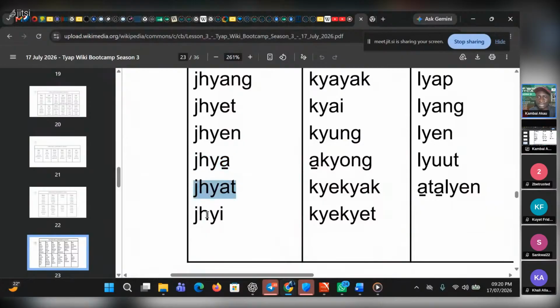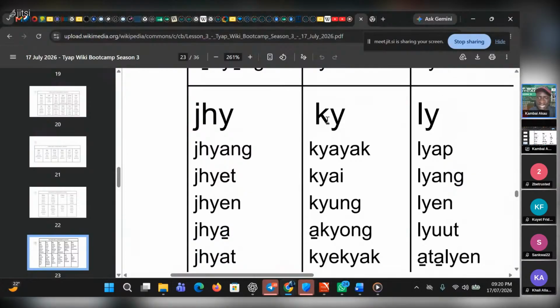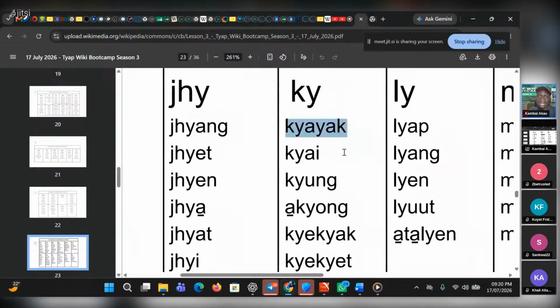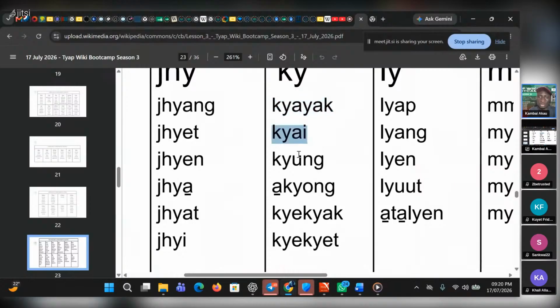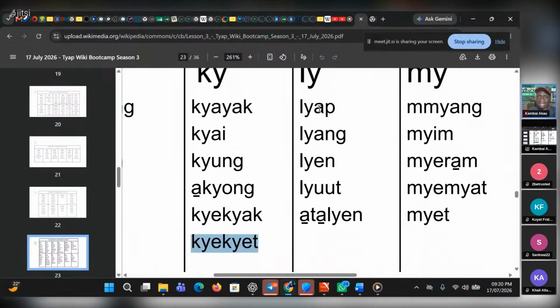Then we have the palatalized k sound. We have kayak, we have kai, we have kyung, we have kyong, we have kekiak, and then we have kekiet. Then we have the palatalized la sound, under which we have examples like liap, we have liang, we have lien, we have liud.